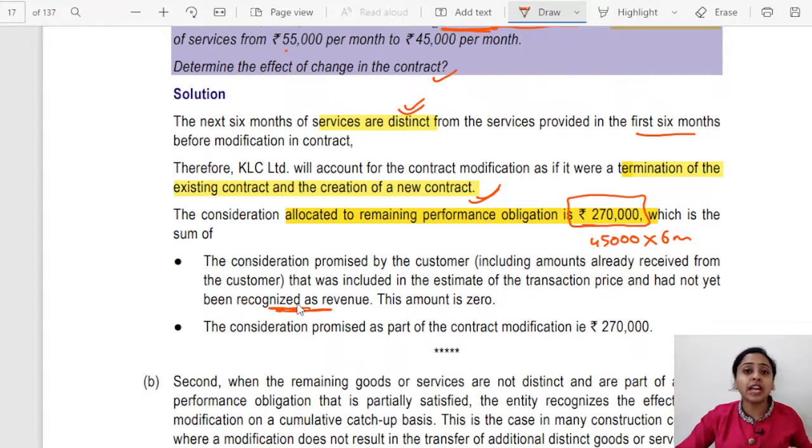It is not like you have recorded the revenue in advance for the whole 12 months. You have not already received, neither have you already recorded. The 6 months were not yet recorded, and that's why you do not need to cancel or reverse them. The consideration promised as a part of the contract modification is 2,70,000.